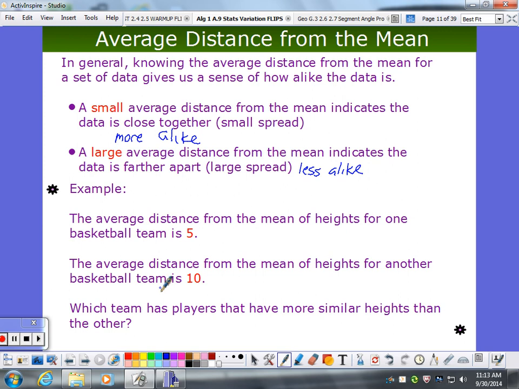Think about it, right? So one average distance from the mean is 5. So here's your mean. On average, they're about 5 away. And this one, on average, they're about 10 away. What do you think, Gigi? Right, so this is T1 and this is T2. You're saying T1. How come?